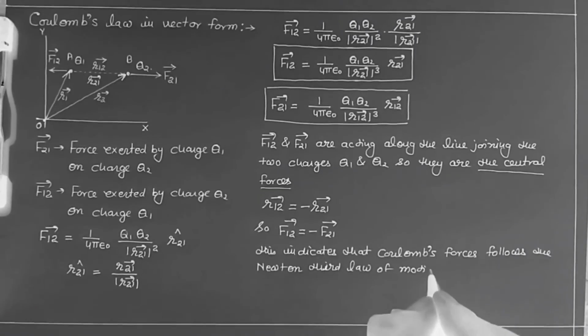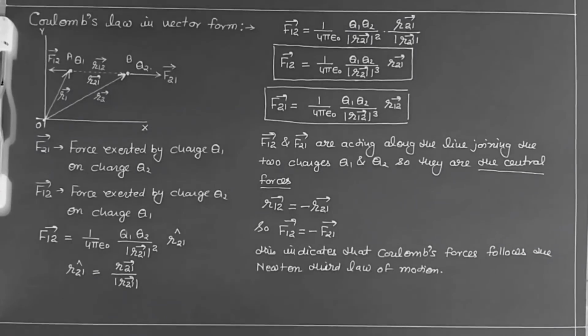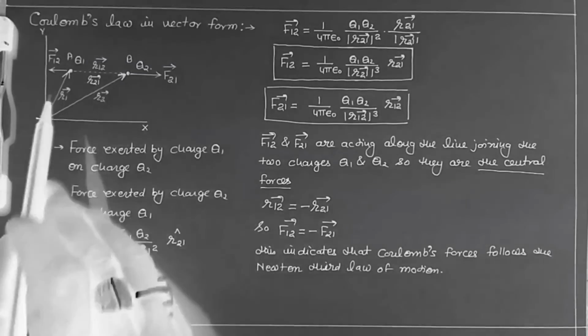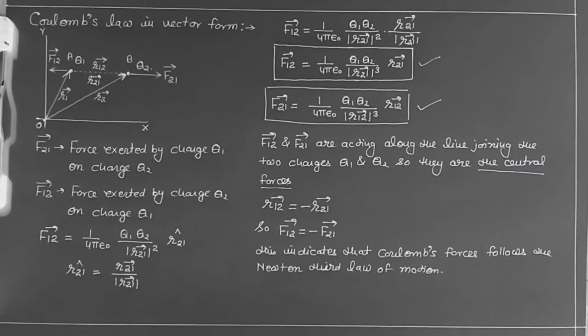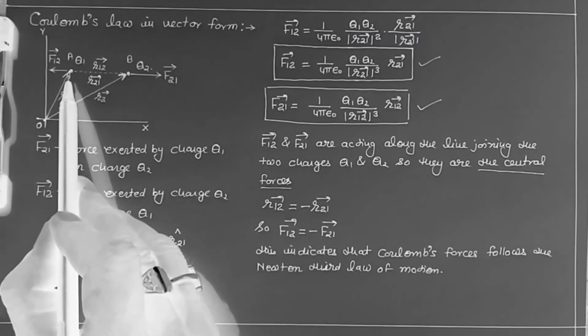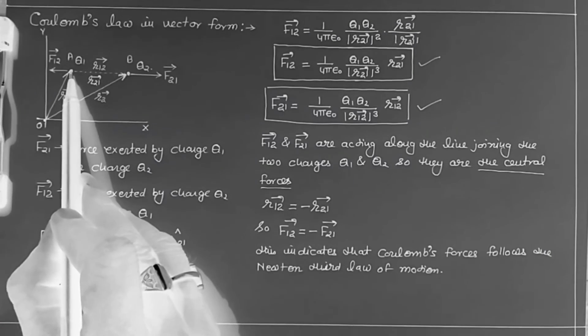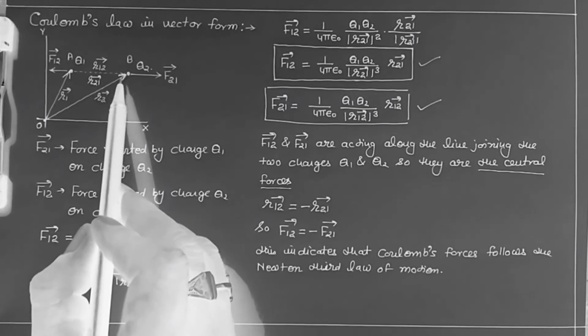Means for every action there is always an equal and opposite reaction, right. So this is the Coulomb's law in vector form. So this equation and this equation are the vector representation of the Coulomb's force acting between the two stationary point charges Q1 and Q2, right student.